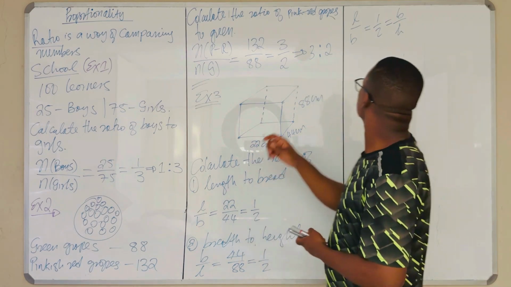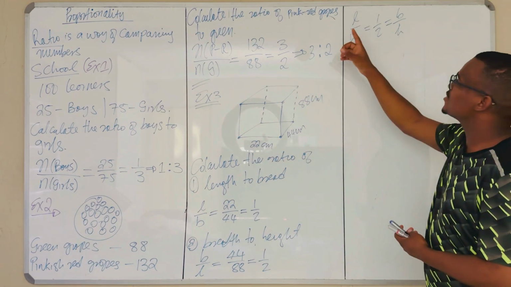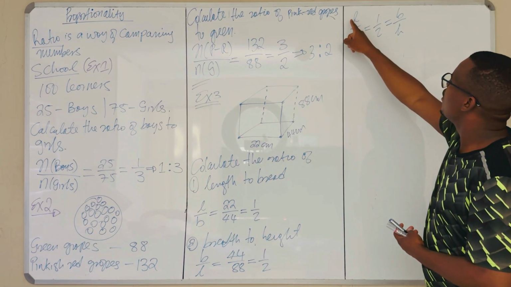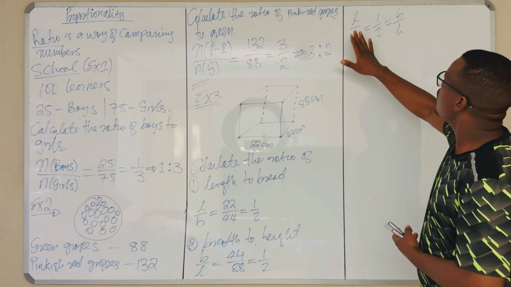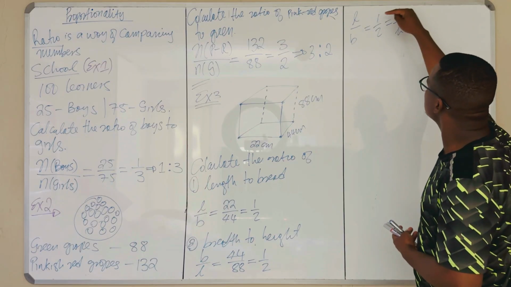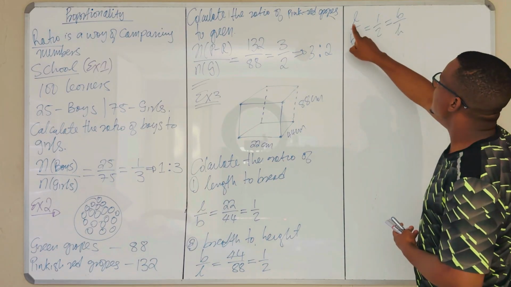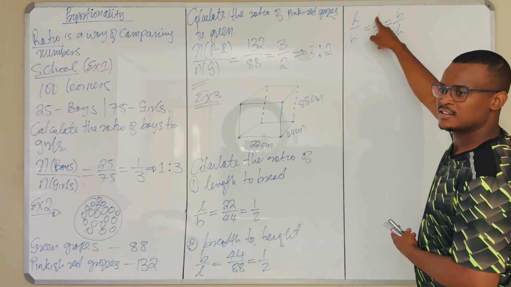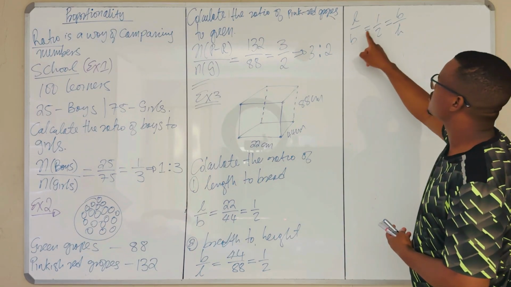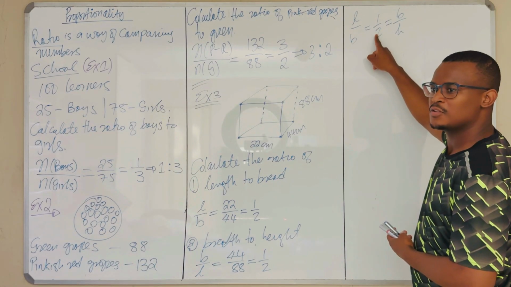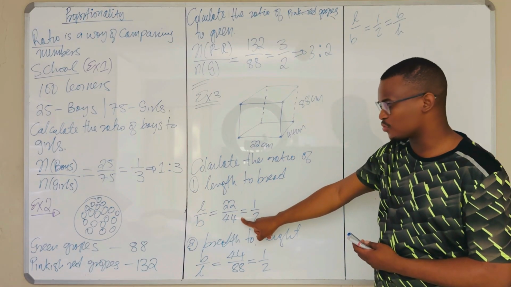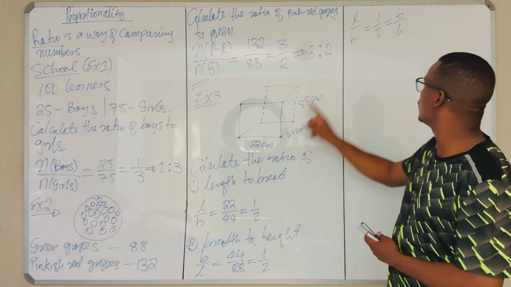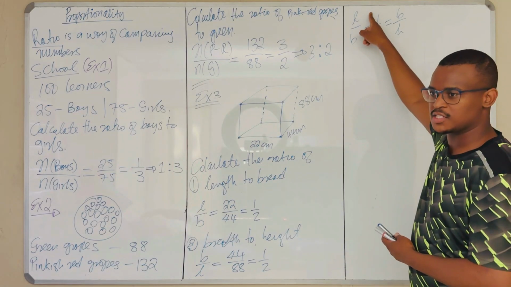No. What I was asking is, because this ratio is equal to this and this ratio is equal to this, does it mean your length is equal to 1? Does it mean your breadth is equal to 2? No. It's not. Because look, your length was 22 and your breadth was 44. So, definitely not.